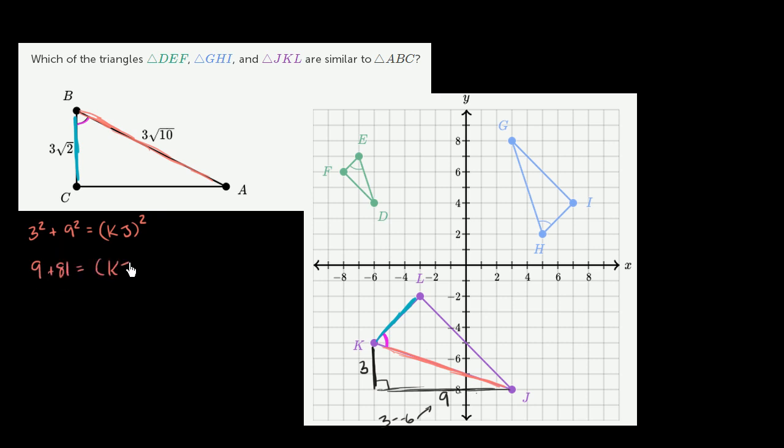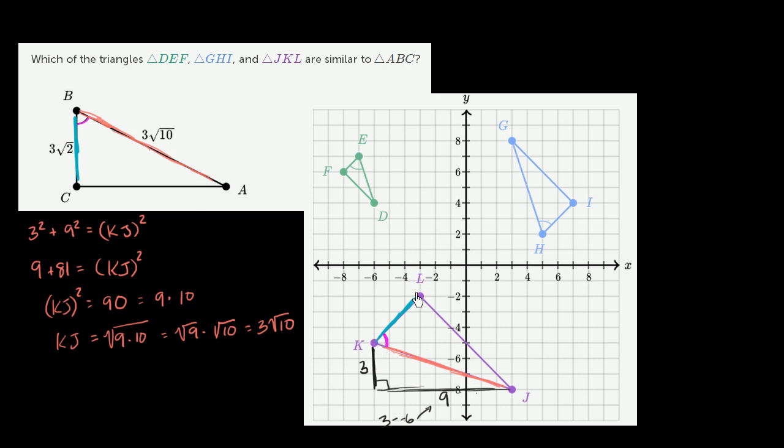So we get KJ squared is equal to 90, which is the same thing as 9 times 10. And so KJ is the square root of 9 times 10, which is the square root of 9 times the square root of 10, which is equal to 3 square roots of 10. So it's actually the exact same length as BA.